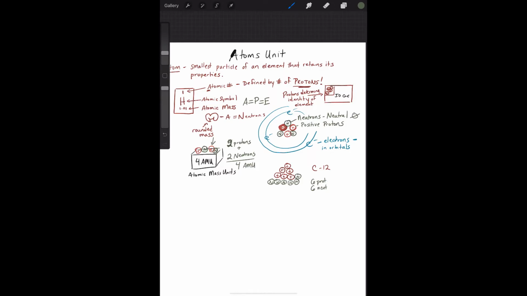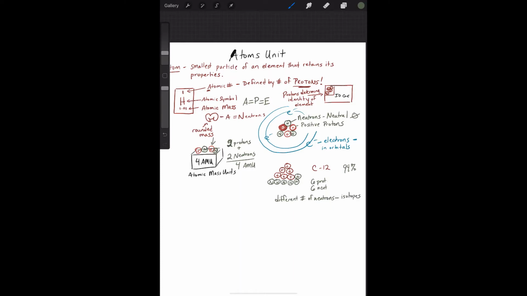About 99% of all of the carbon in the world is carbon 12, but some atoms of carbon have a different number of neutrons, and these are what we call isotopes.